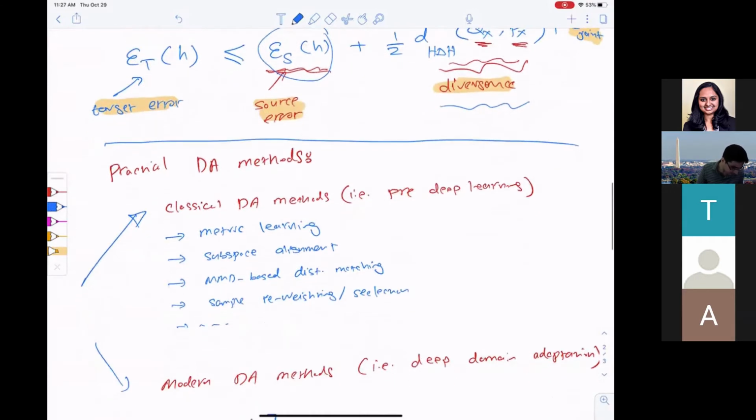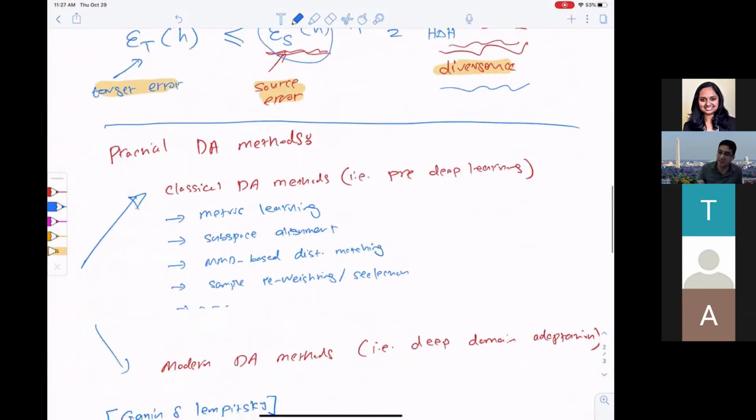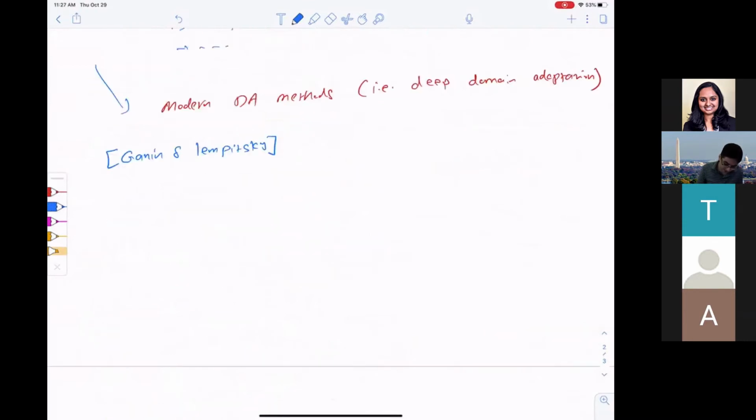So here's the basic framework that this paper considers. We have X, which is my input. It goes to an embedding function, F. It's a deep network, let's say with multiple layers.